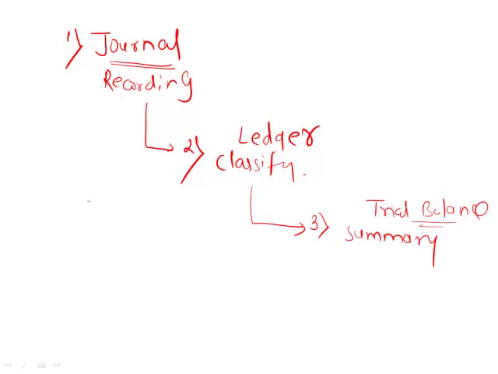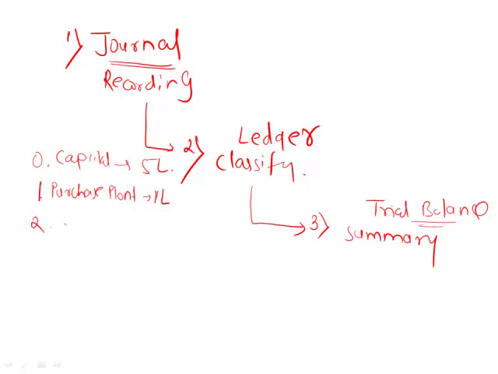Let's say that the first transaction was purchase of plant, 1 lakh rupees. Before that, in fact, transaction number 0 is capital infused into business, 5 lakh.